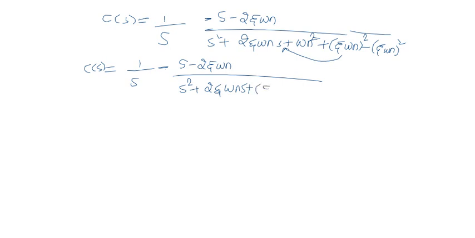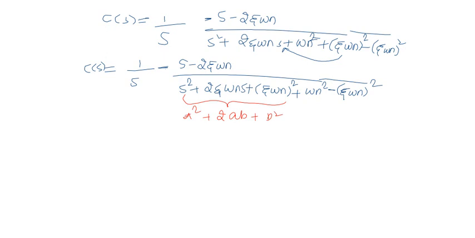Here we are having zeta omega n whole square and the remaining term omega n square, and one more term minus zeta omega n whole square. If you observe, this is similar to a square plus 2ab plus b square, where in place of a we are having S, in place of b we are having zeta omega n. So I am replacing this with a plus b whole square.